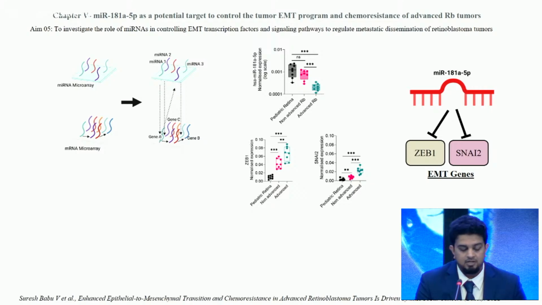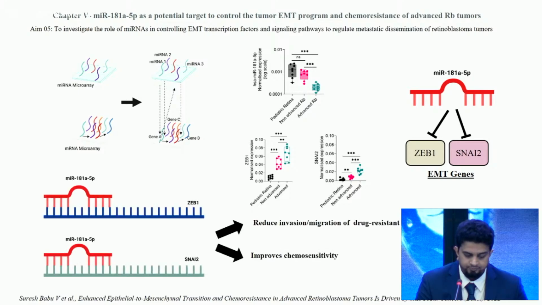But at the same time, we see significant high expression of EMT transcription factors. The chapter also identified the association of microRNA 181A5P to inhibit the expression of the EMT transcription factors in drug-resistant retinoblastoma lines. And we further show that this inhibition reduces the invasion and migration of drug-resistant retinoblastoma cells, and it also improves the chemosensitivity of these cells.